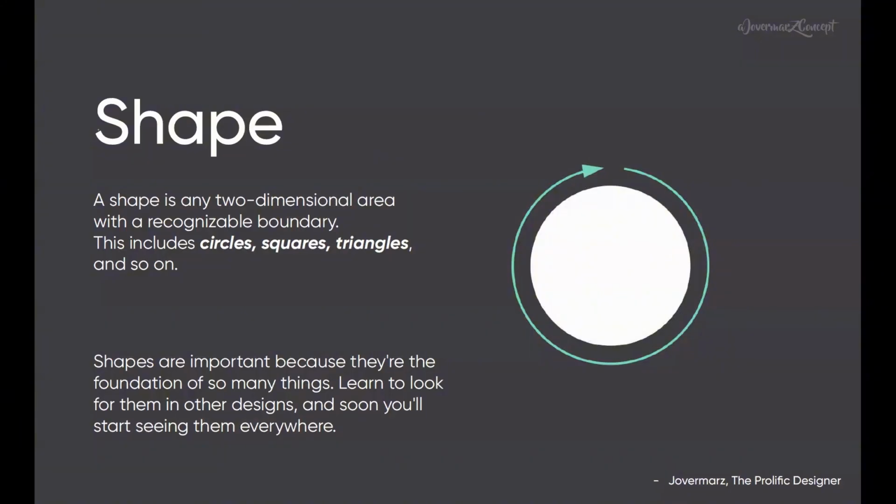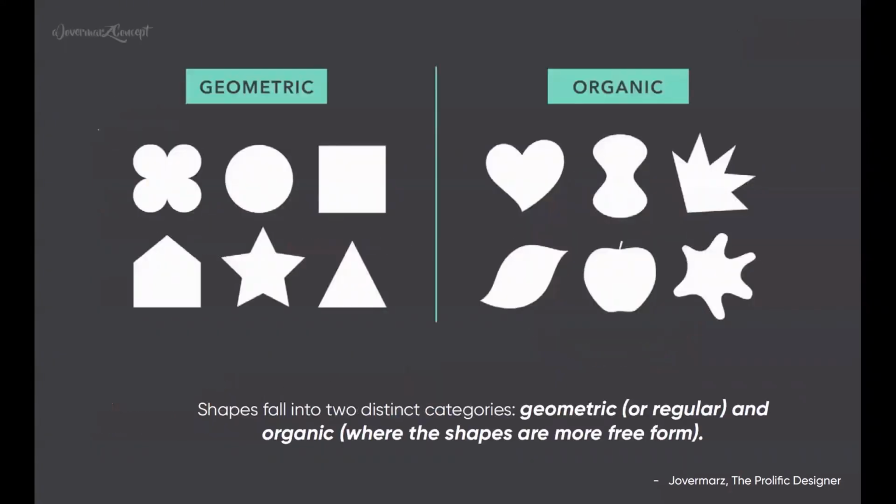So we have examples of shape: circles, squares, triangles, the trapezium, and the like. Shapes are so important because they are the foundation of so many things. Learn to look for them in other designs, and you will soon start seeing them everywhere. You will notice that there are shapes everywhere and there are lines everywhere.